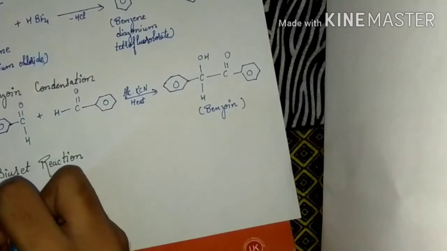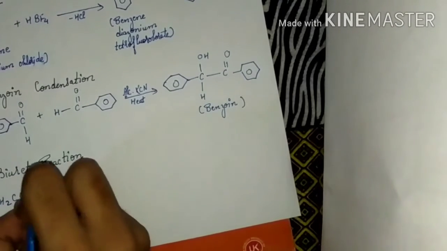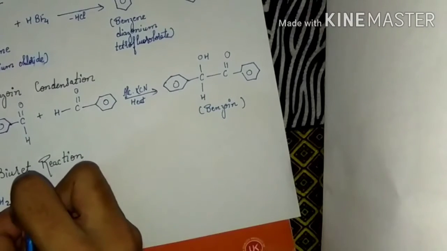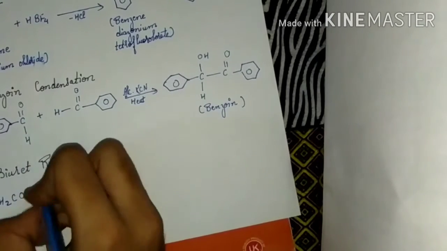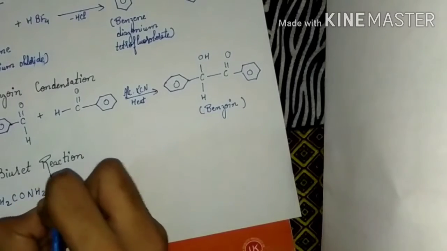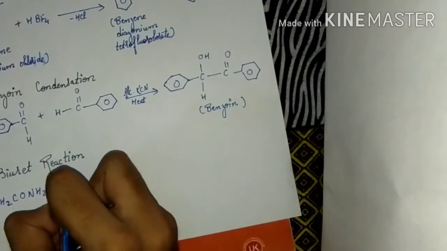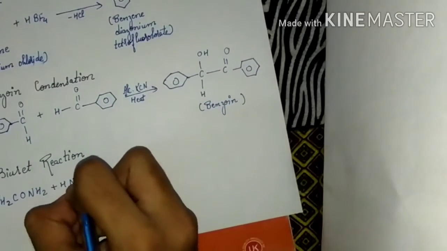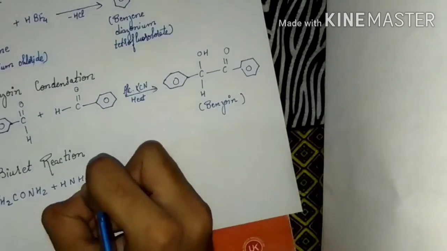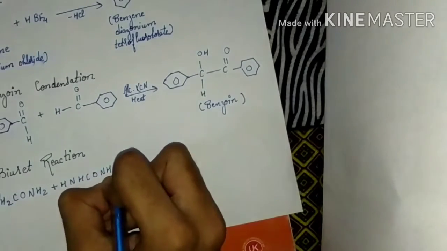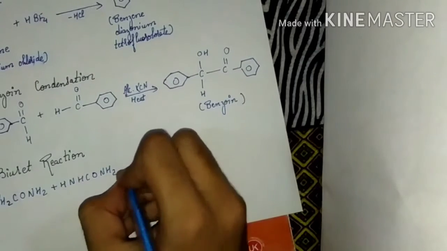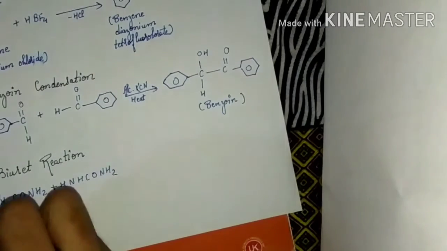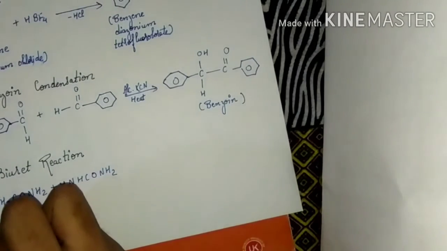NH2 C, we will write O. We can also have written double bond O at the upper side, but that doesn't matter here, plus H NH CO NH2. I will tell you why and how I am writing like this.